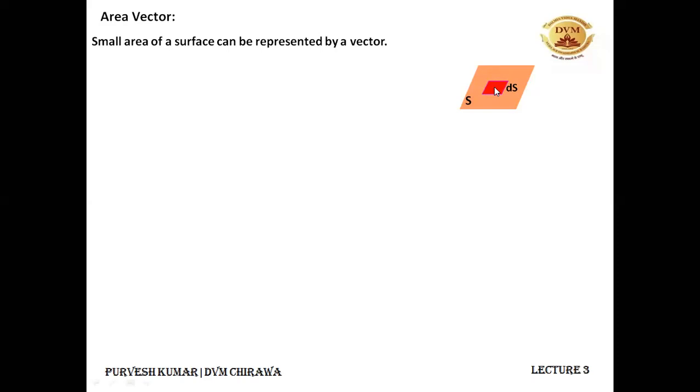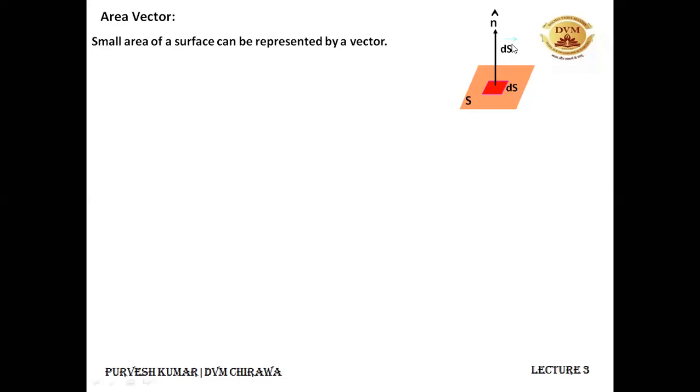So this is my surface, so the area vector will always be perpendicular to it. If the surface changes its orientation, it will still be perpendicular to the surface. Let's take an example and try to understand this concept. When we represent the area as a vector, we represent it as ds with an arrow overhead.